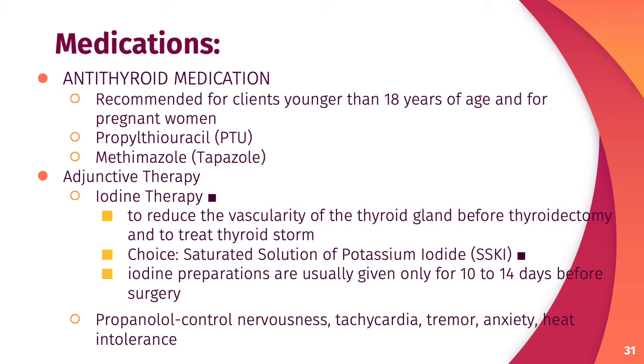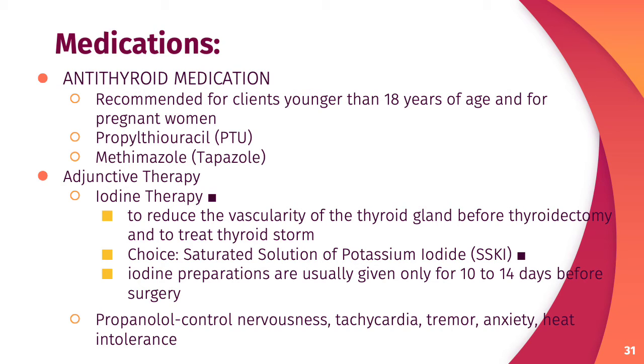This is to reduce the vascularity of the thyroid gland before it can be used as preparation before a thyroidectomy and to treat thyroid storm. A choice for the iodine therapy is your SSKI, or saturated solution of potassium iodide. Iodine preparations are usually given only 10 to 14 days before the surgery.